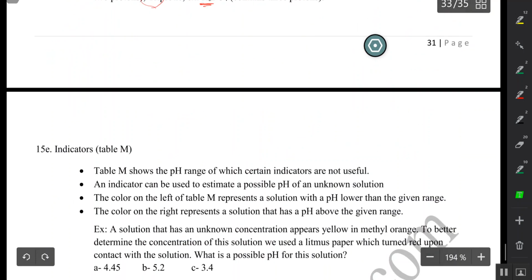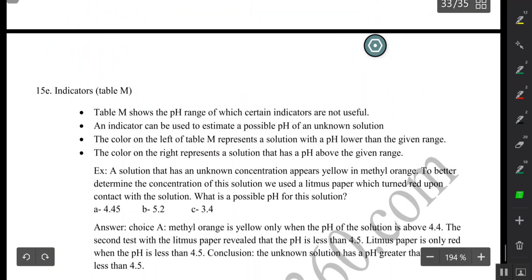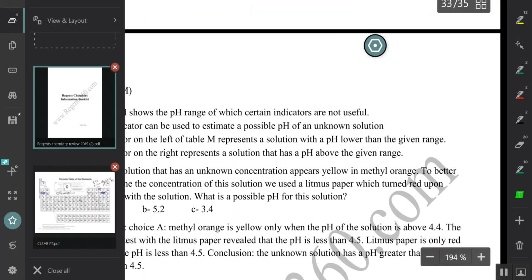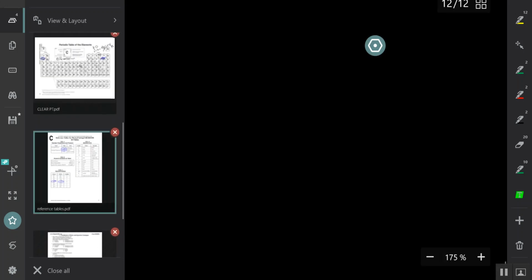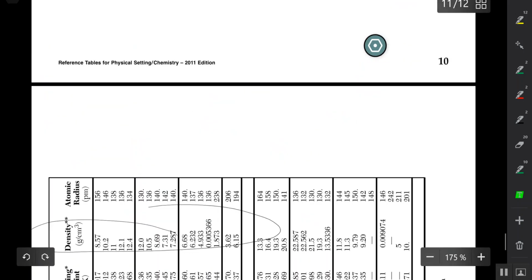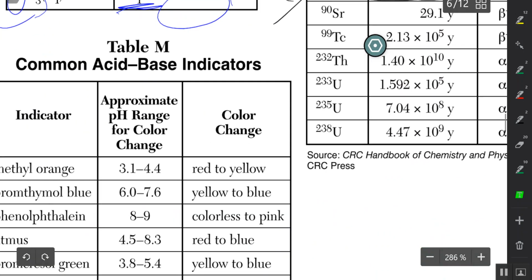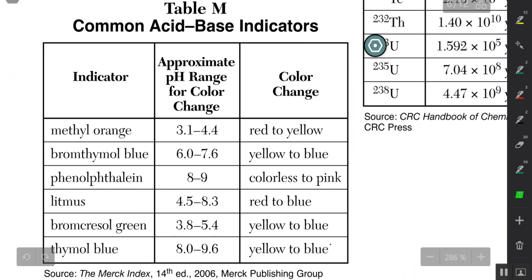Okay. Now for indicators, you can look at table M. So here we are, table M. Table M shows you the approximate pH for color change.